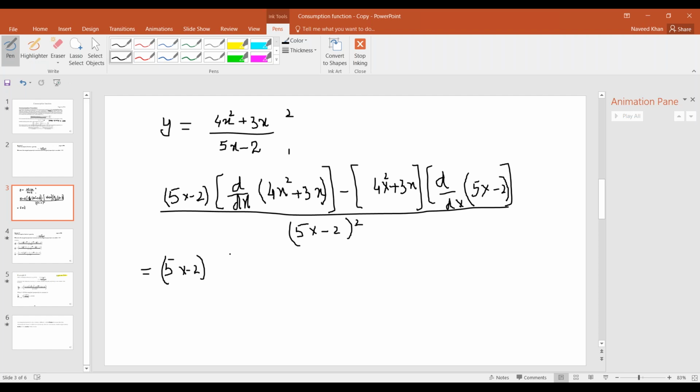5x minus 2, and here it will become, what is the derivative of 4x power 2? Anyone who will please tell me? Please let me know what will be the derivative of 4x power 2. Yes, so it will become 4, derivative of x power 2, it will become 2x.